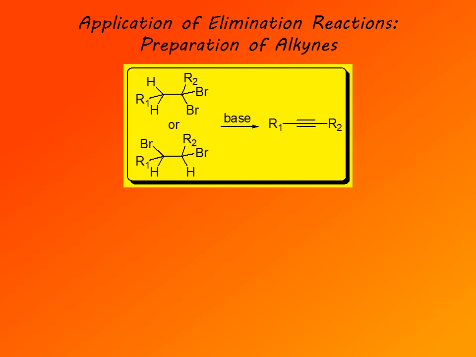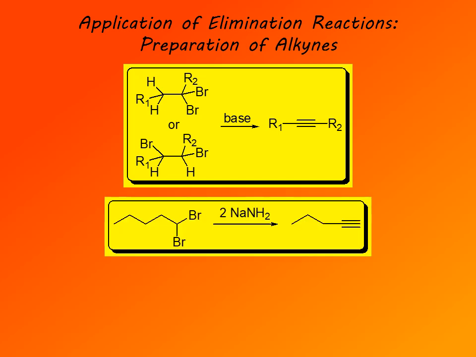All that is required is that we have hydrogen and halogen, in this case hydrogen and bromine, pairs on neighboring carbons, so that we have a halogen on one carbon, the alpha carbon, and a hydrogen on the beta carbon. Those pairs could be on different carbons, as you can see in the bottom example, where the alpha carbon is different for each of the two subsequent eliminations. With the use of base, the product is the corresponding alkyne.